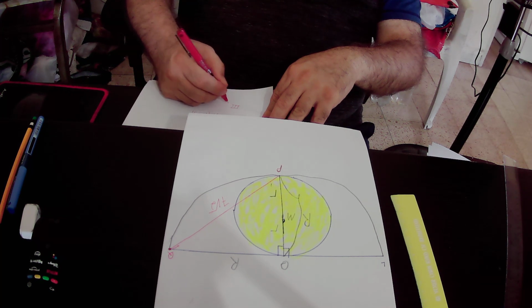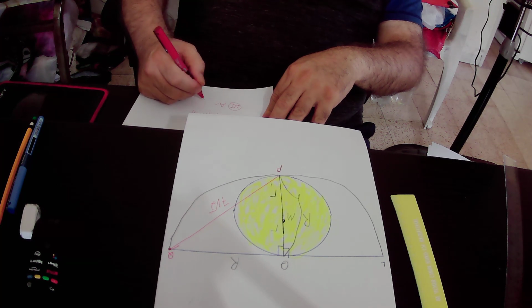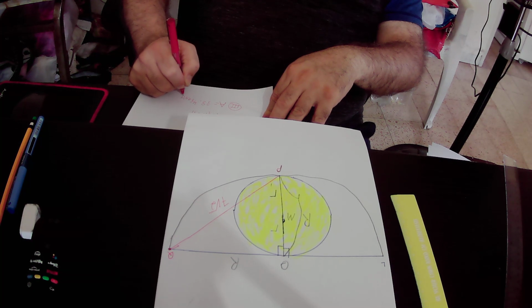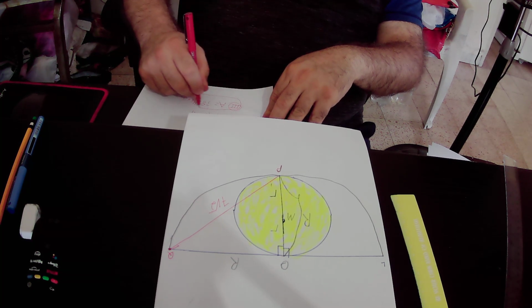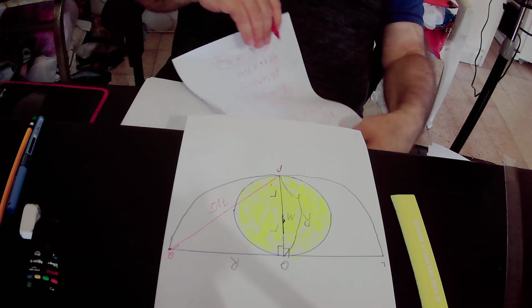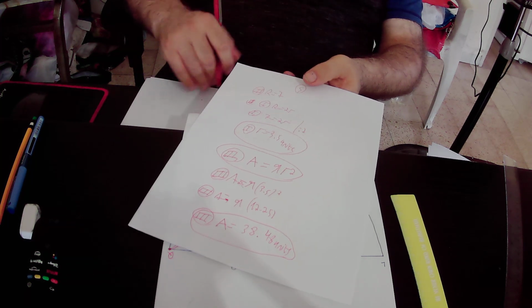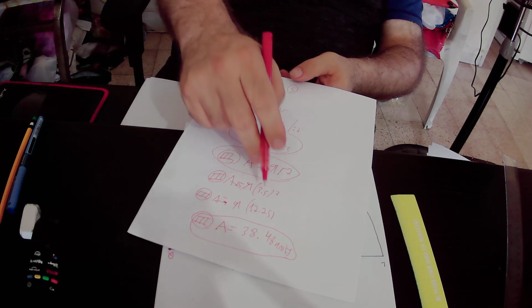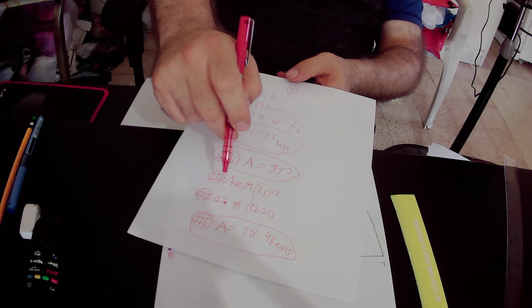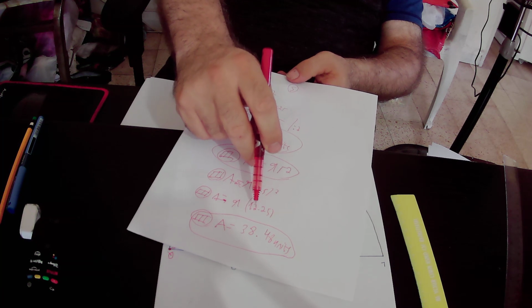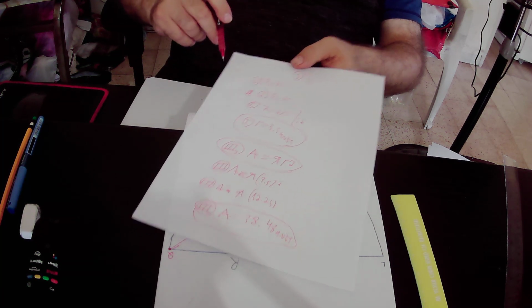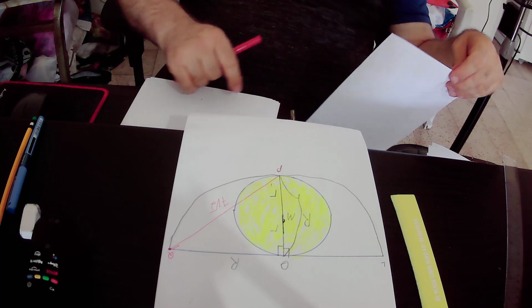So that is our final answer to the question. Okay, pi times 12.25 equals 38.48 units. That is the area of the yellow circle.